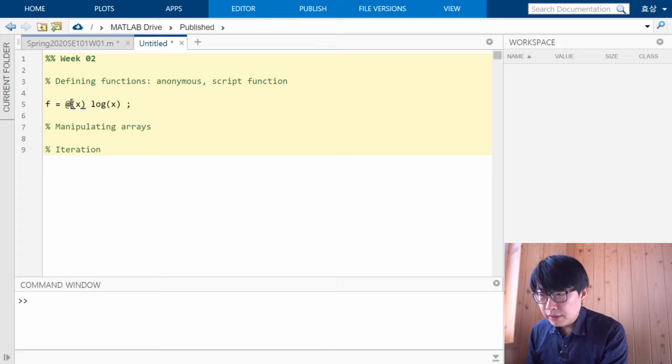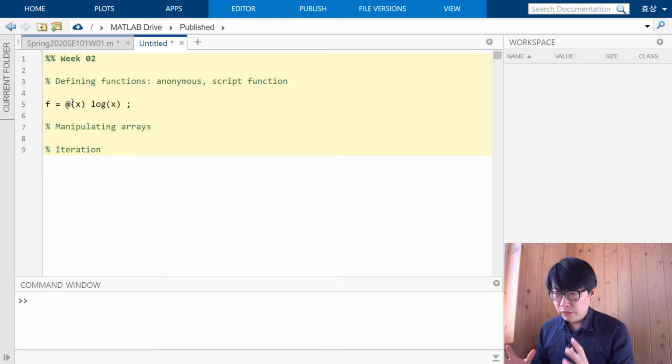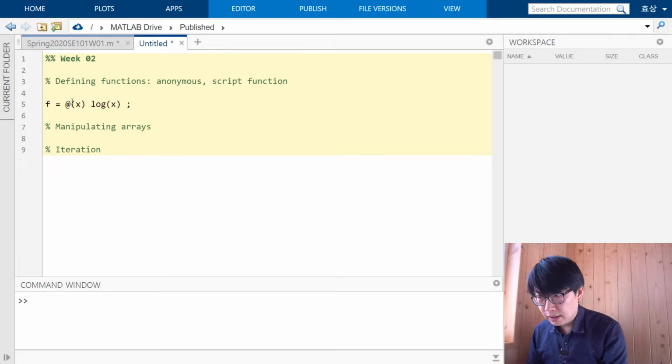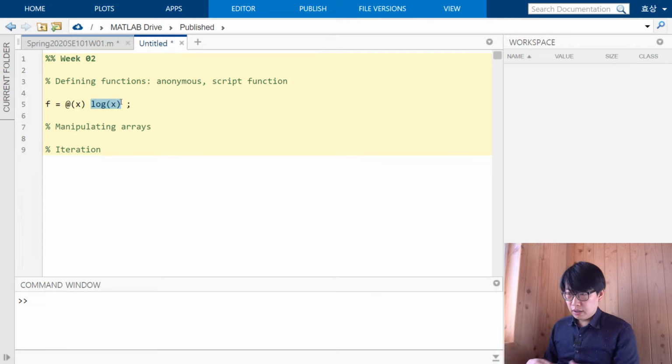The variable inside this parenthesis is used as the independent variable of the function. Now we have a one variable function, we only have one symbol. If you want to define a multivariable function, then put more variables inside this parenthesis, separated by commas. And then the last expression is the expression for computing the value of the function.